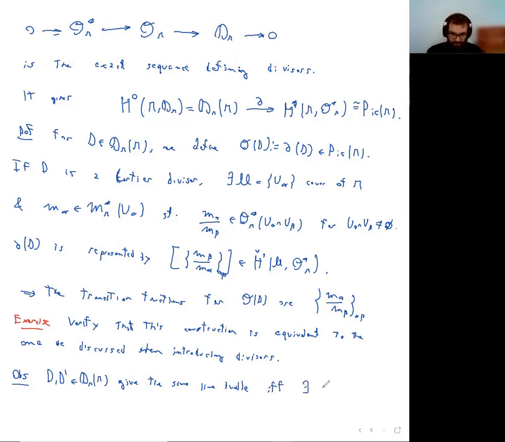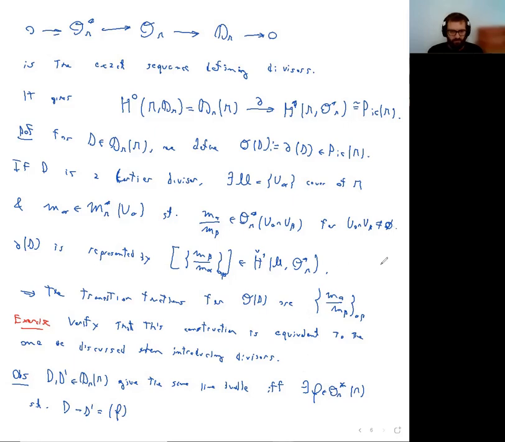So what we need is a global meromorphic function, not meromorphic, sorry, of course, holomorphic. That'd be weird. So a never zero holomorphic function, such that D minus D prime is the divisor associated to this.